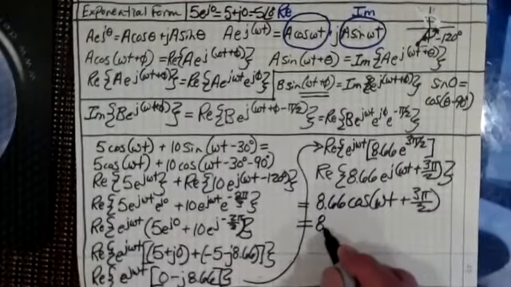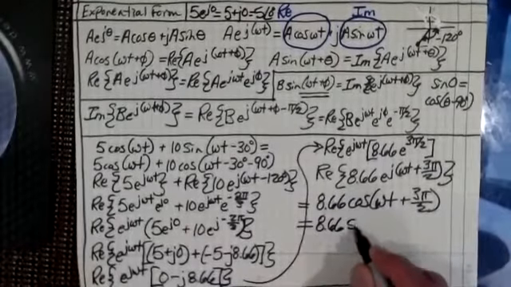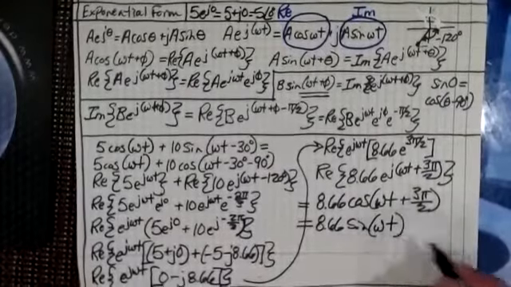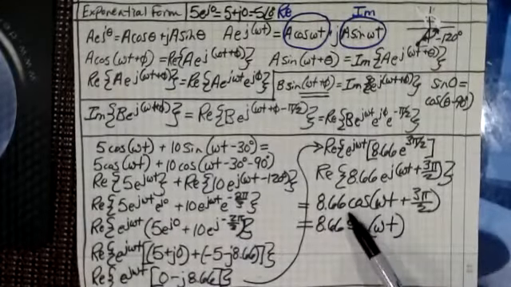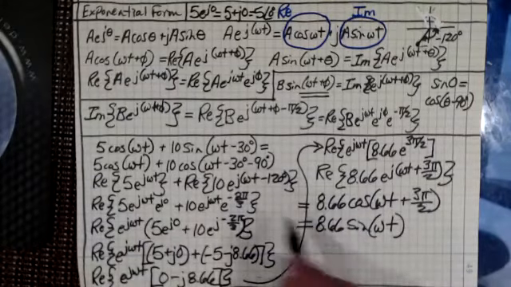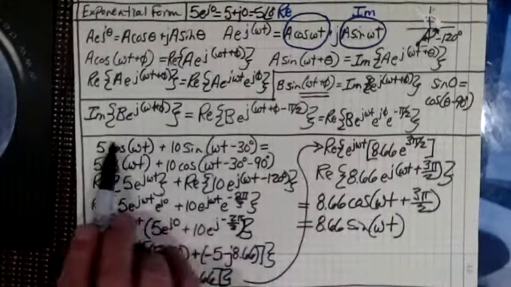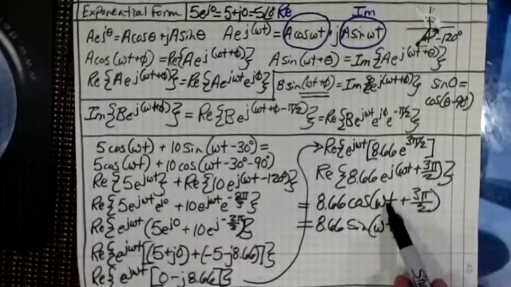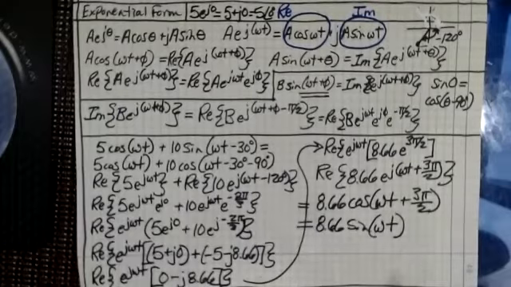Now, if I wanted to write this out in sinusoidal form, that would be 8.66 times the sine of ωt, because cosine of minus 90 or plus 270, however you want to do it, equals the sine. So I could say to a person who asked me what those two added together were that it was this, or that it was this. Either one.